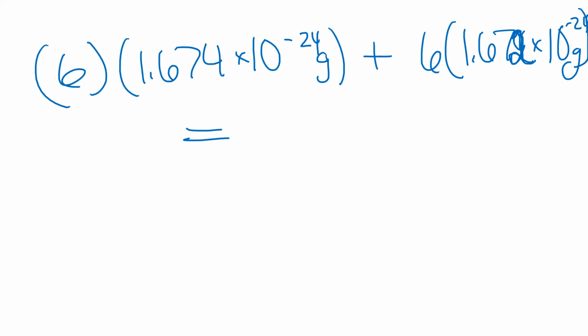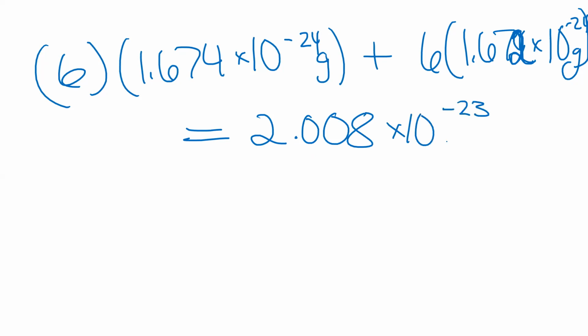6 times, plus 6 times 1.674. So, you actually end up with a mass of 2.008 times 10 to the minus 23.